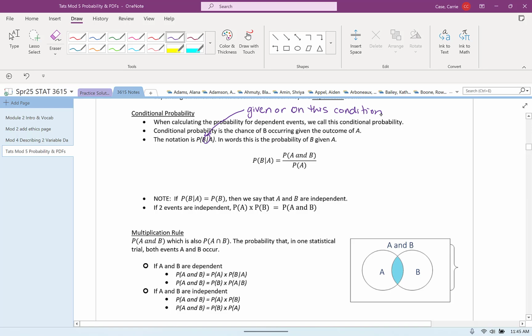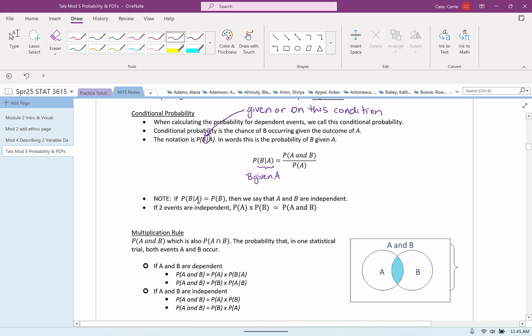Hence conditional probability. So this notation, probability of B given A, is equal to the probability of A and B divided by the probability of A.